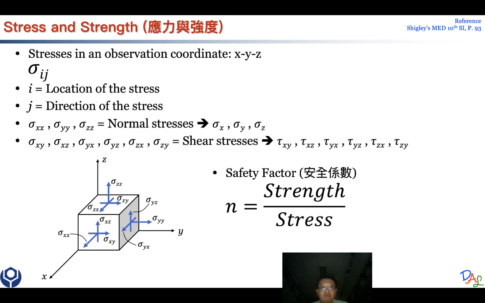So is N equal to 1 good? Not really, because if the force is a little bit stronger, then your material could fail. Or if your material is not as strong as you expect, maybe the strength was just average. If you have 10,000 pieces of the same kind of metal, are you sure they all have the same strength?